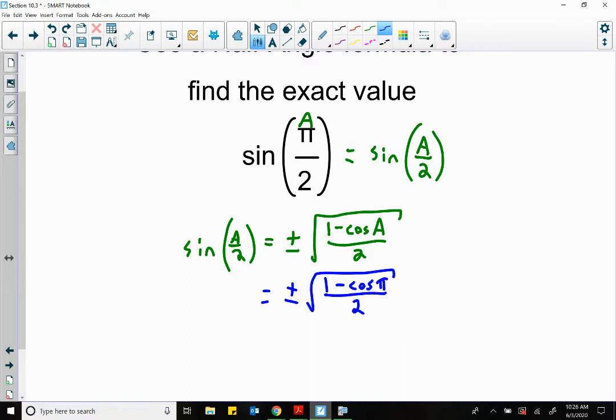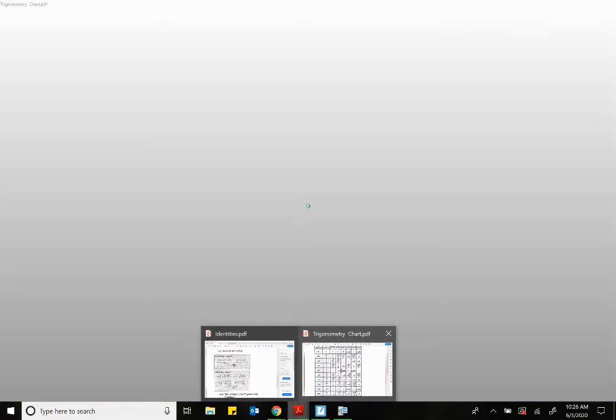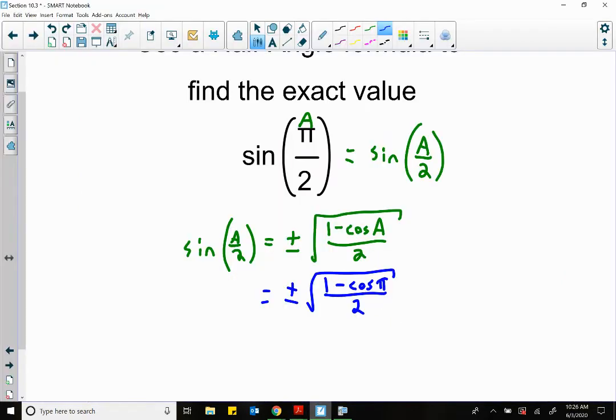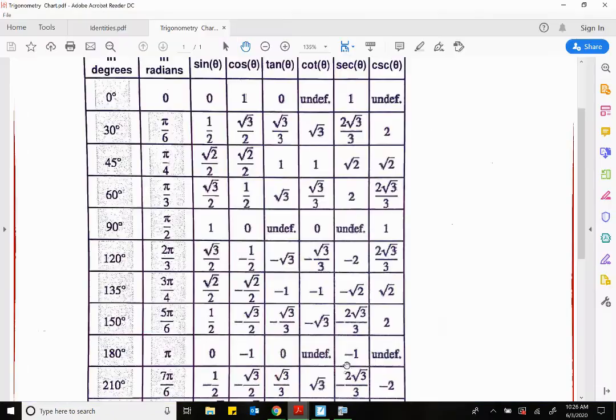So we know what cosine pi is. That's 180 degrees. So if you come up here and look, here's 180, there's the pi. So we need cosine of pi, which is negative 1. All right, perfect. So we're going to have plus or minus the square root of 1 minus, I believe we said it was a negative 1.